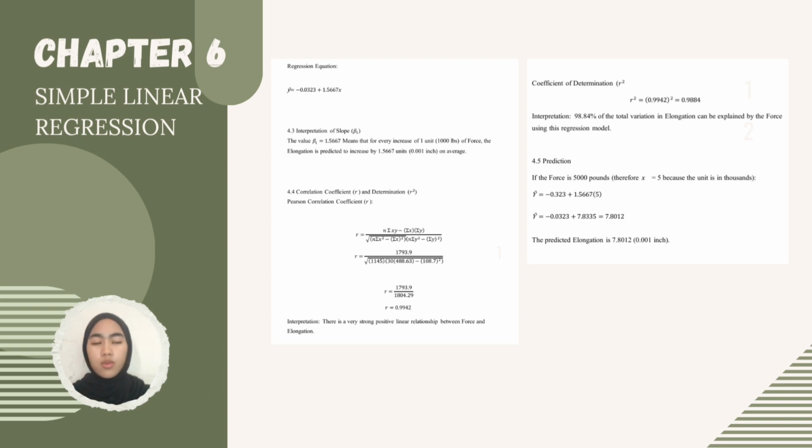The R square value is 0.9884, which means our model is highly accurate, as 98.84% of the variation in elongation can be explained by the force. To demonstrate, if the force is 5 units, our model predicts the elongation will be 7.8012 units.